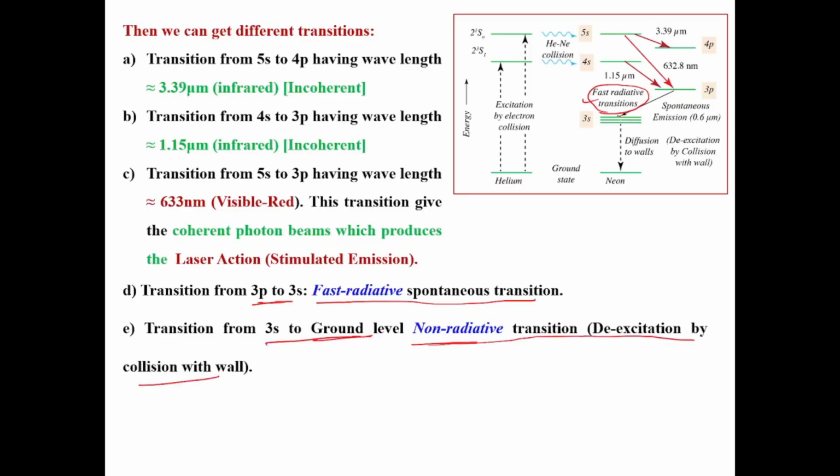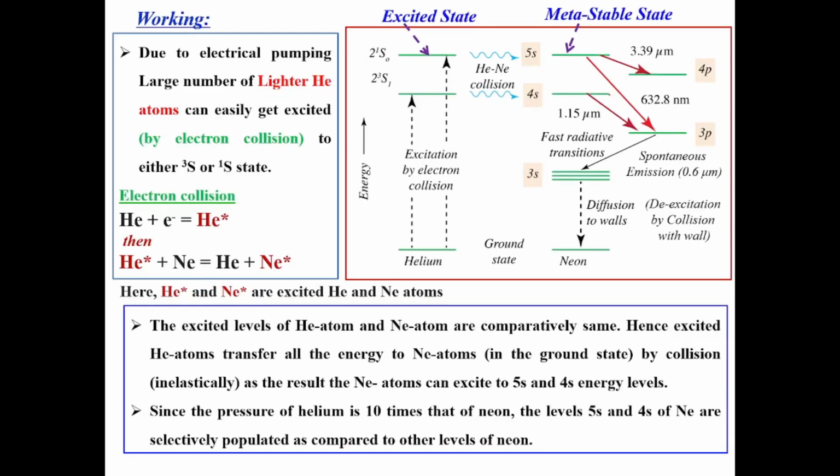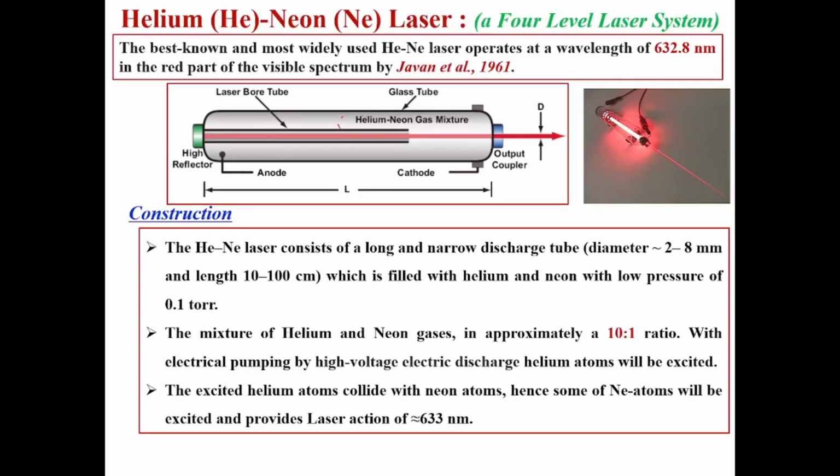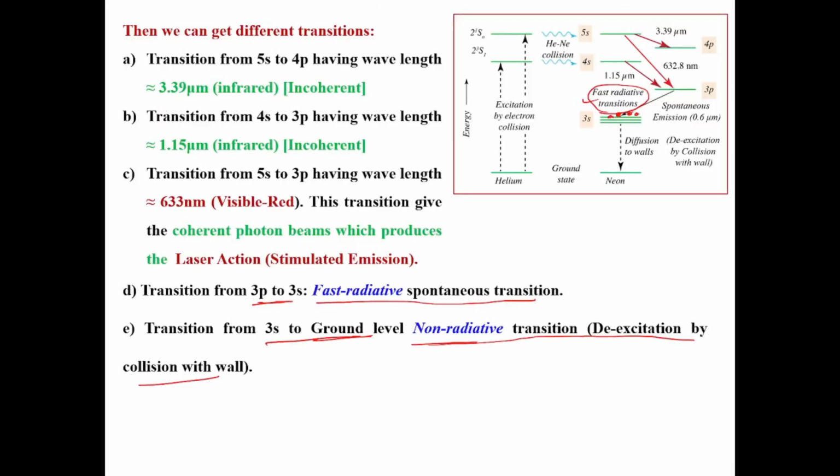After coming to the 3s level, the neon atoms collide with the wall of the gas chamber and de-excite to the ground level by non-radiative transition, diffusing to the wall and coming down to the ground state.